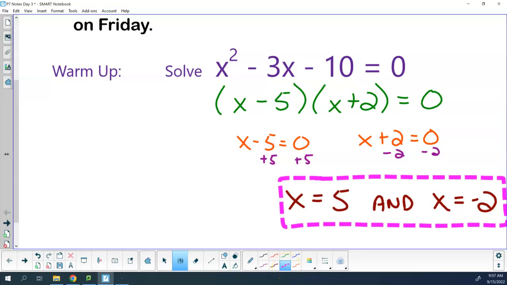If you graphed it, okay? And you had to find the zeros, okay? Or the intersections, you put in the 0, and you should have gotten 5 and negative 2. If you used the quadratic formula, it should have been a nice, perfect, no radical type one.